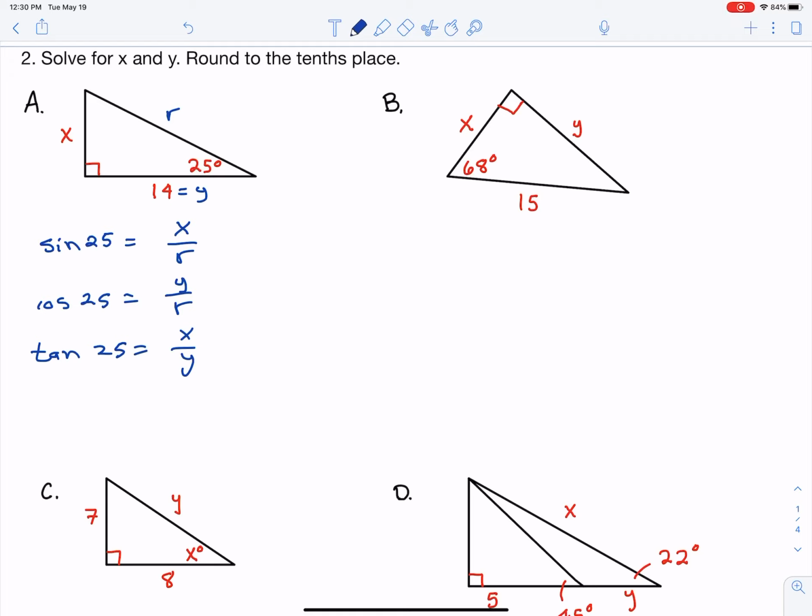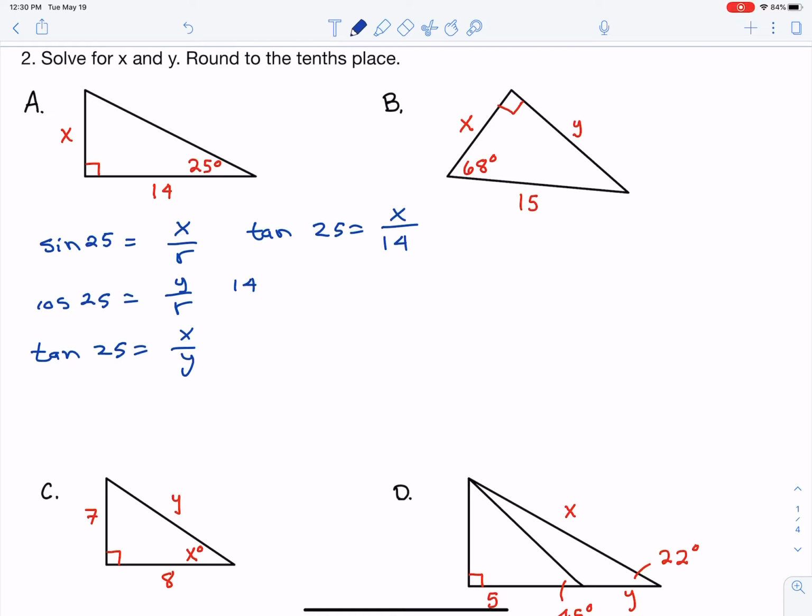So let's see what we have. We want to solve for x. Well, let's see what I know. I know the opposite and I know the adjacent. Which one's that? Oh, that's tangent. Would you agree? So I'm going to say the tangent of 25 equals x over 14.